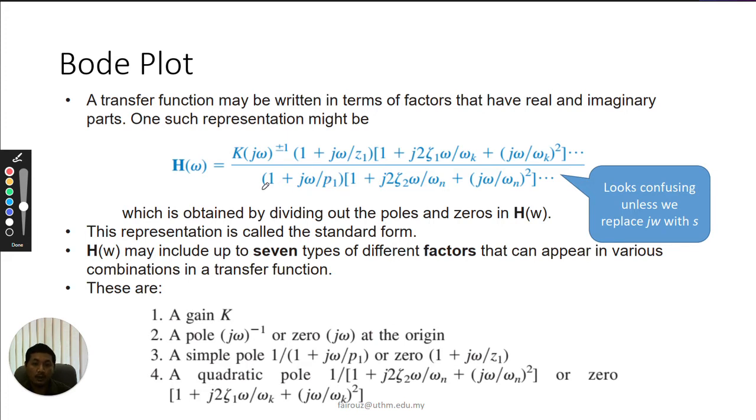And then if we have simple pole, we have simple 0 as well. So 0 is located at the top, pole is located at the bottom, right? So we have 1, 2, 3, 4, 5, and then 6 and 7. So we have quadratic pole, which is this one, and then we have quadratic 0.